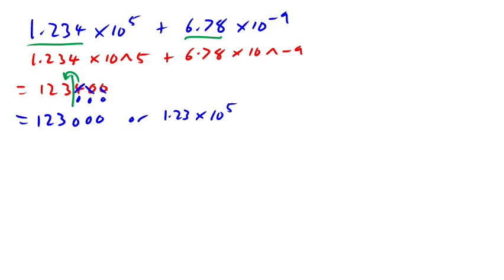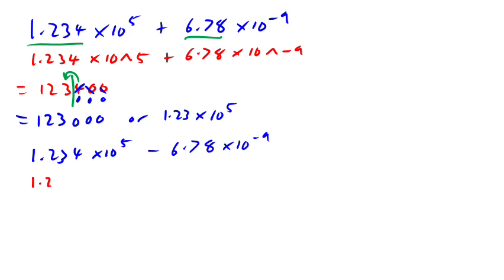Let's try subtracting. So 1.234 times 10 to the 5 minus 6.78 times 10 to the neg 9. I think we can start to see that probably not going to make a huge difference again. But if we just show you what that means when you type it on the calculator.